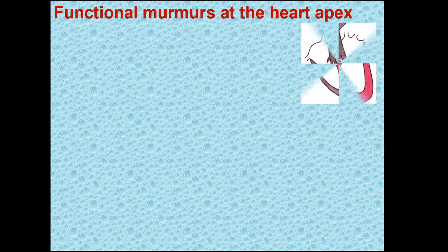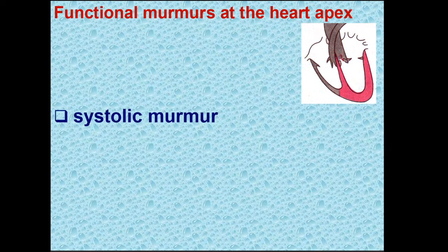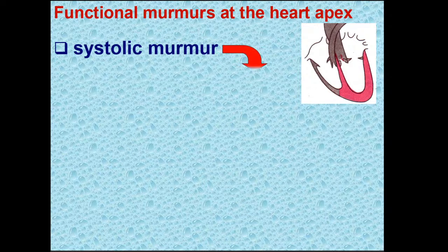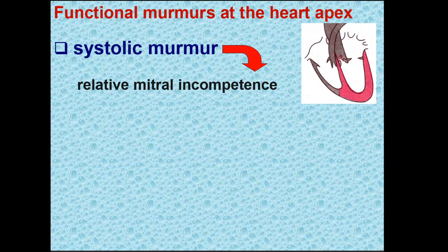I want to stop on the characteristics of functional murmurs which are characteristic for aortic regurgitation and will be heard over the heart apex. Now, I told you about the formation of relative mitral incompetence. I'll again remind you: due to dilation of the left ventricle and dilation of the mitral orifice, the mitral valve becomes insufficient for the widened mitral orifice.